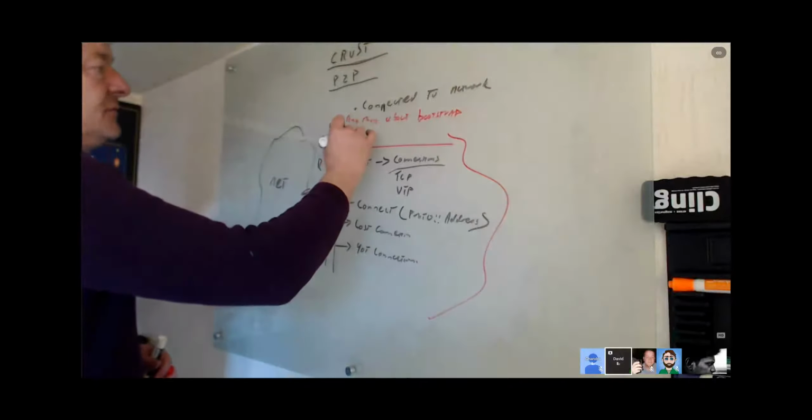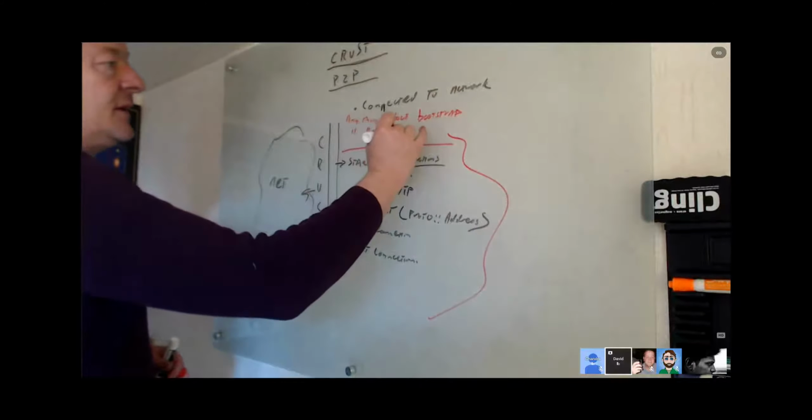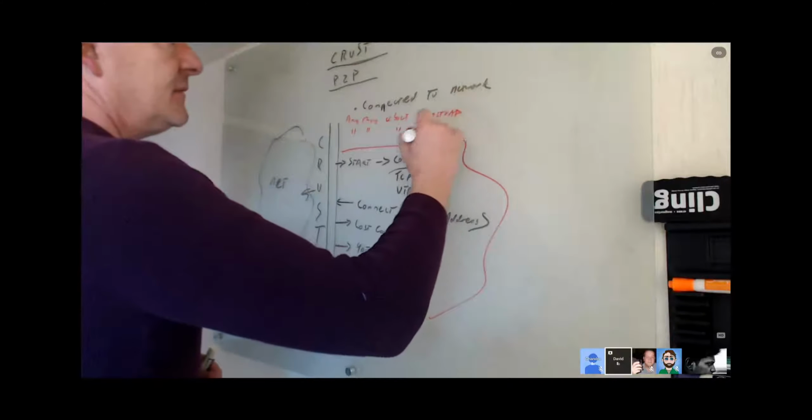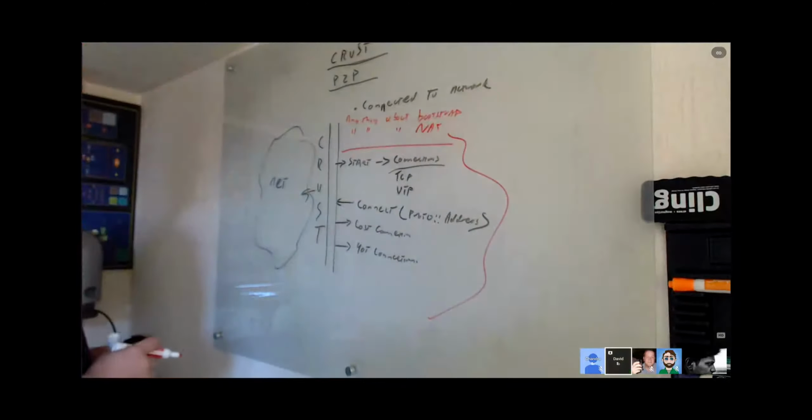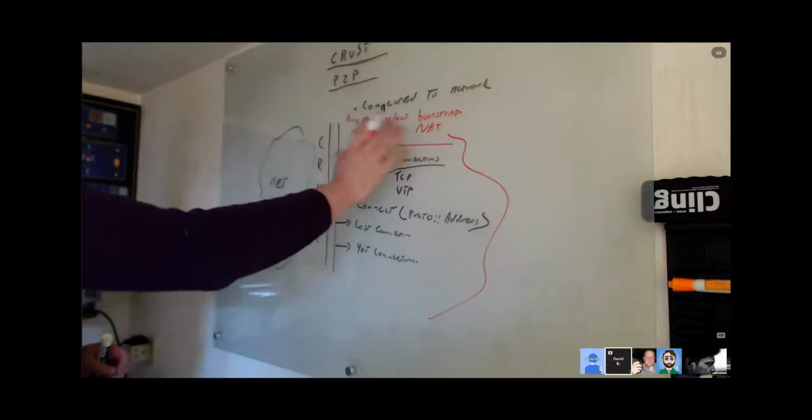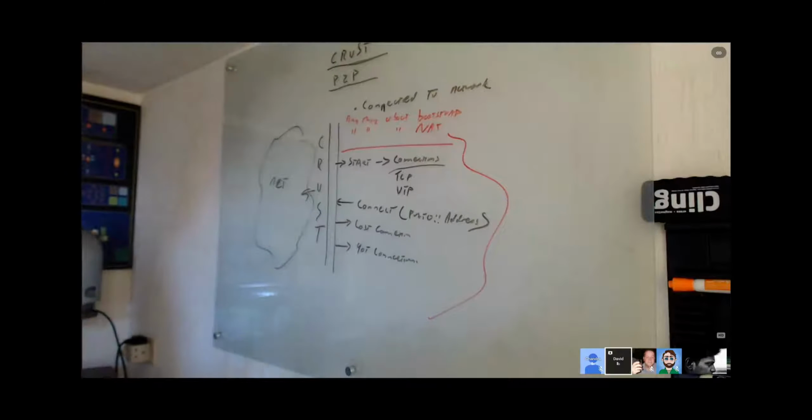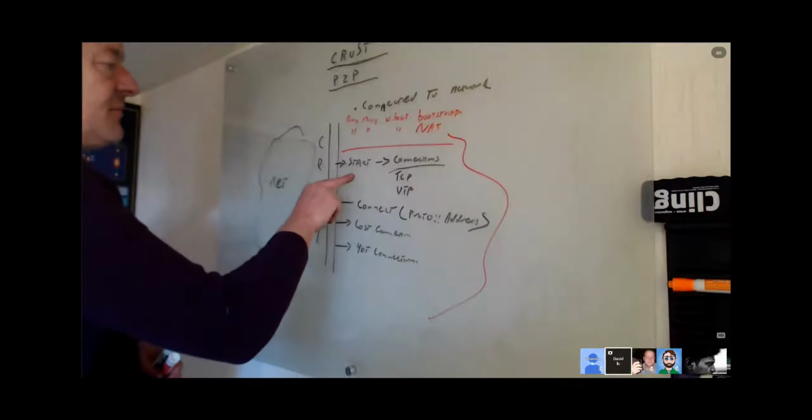We don't want to know anything about NAT traversal or otherwise. We don't want to know any of that sort of stuff. So CRUST is basically saying, don't you worry about all these things in red. I've got them covered. I'm going to do all that for you. So all you need to know is I can get back in the network.